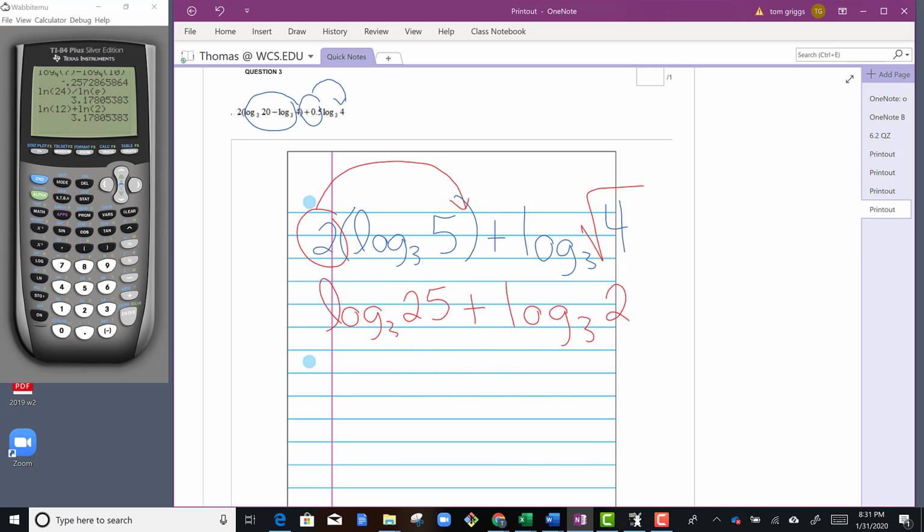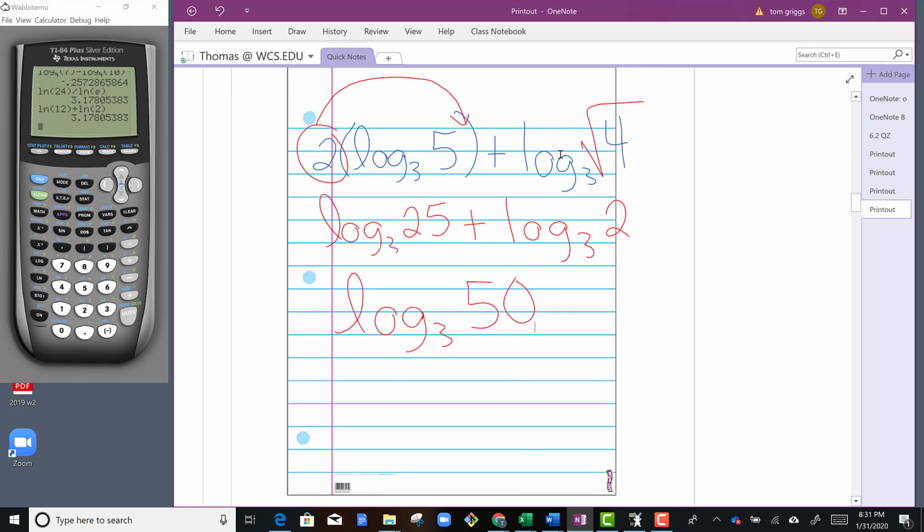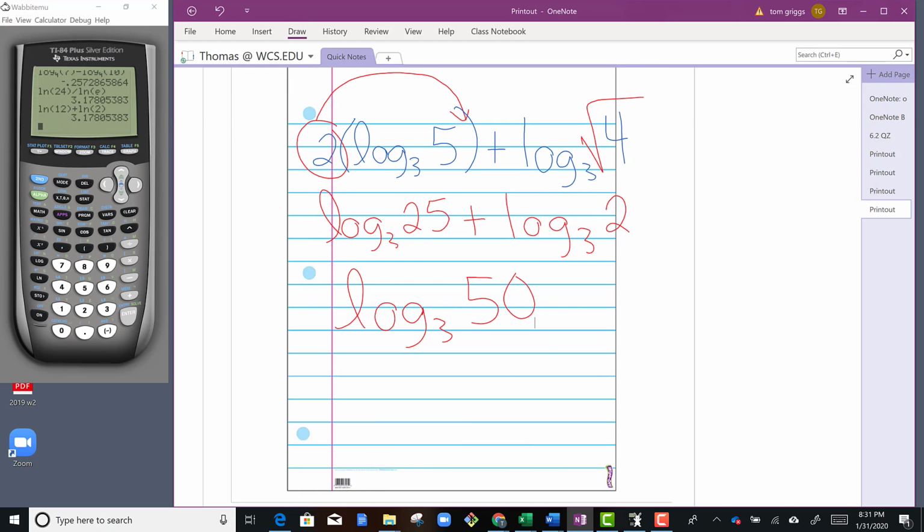And then finally, we've got 2 logarithms. Addition converts to multiplication, so that's log base 3, 50. So we've done our job. We've condensed this to a single logarithm. And then finally, all that's left is to evaluate this using change of base. So we're going to take log 50 and divide it by log 3.